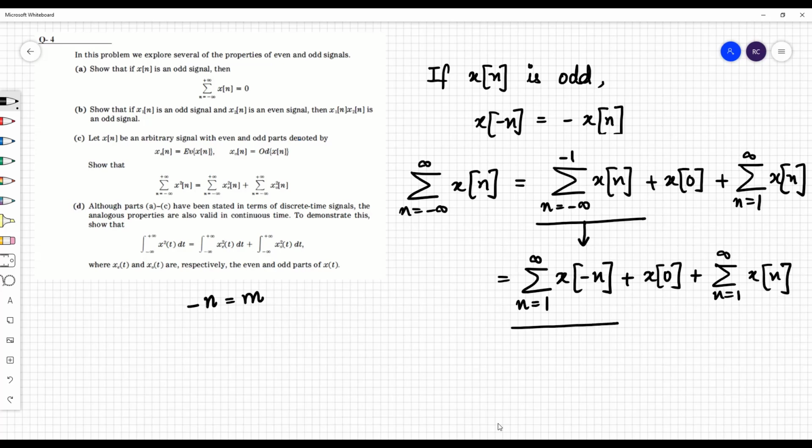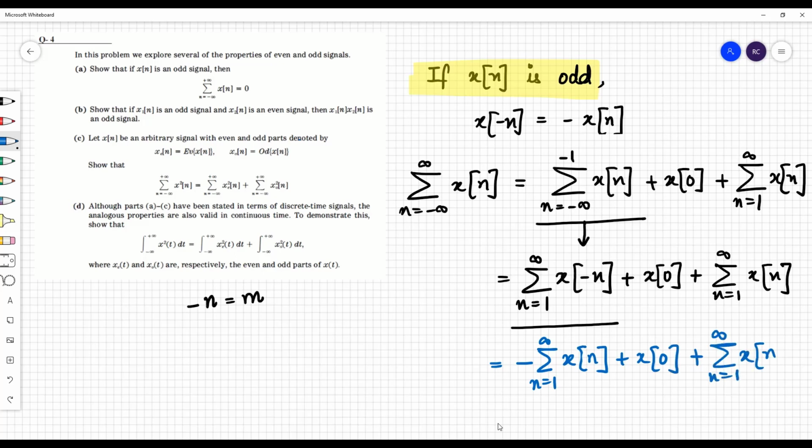Now, because x[n] is an odd signal, that is why we can say that this term is nothing but minus summation of x[n] from 1 to infinity, right? So this and this cancel each other out.